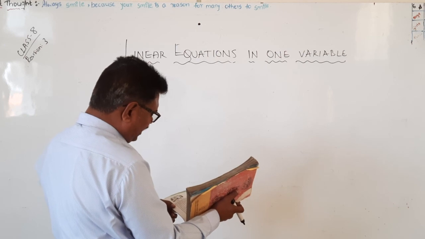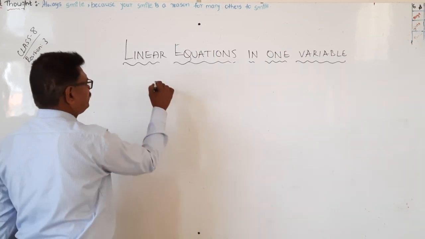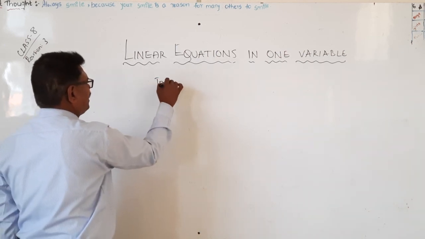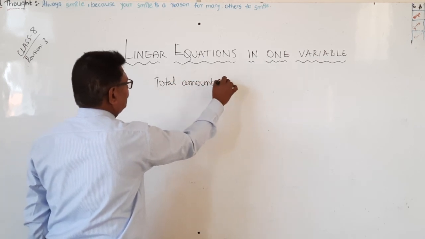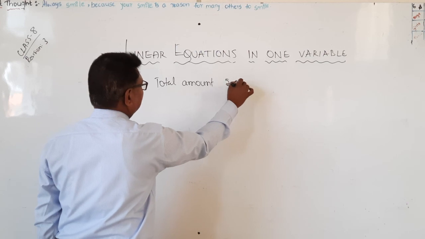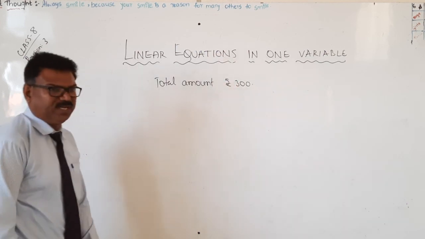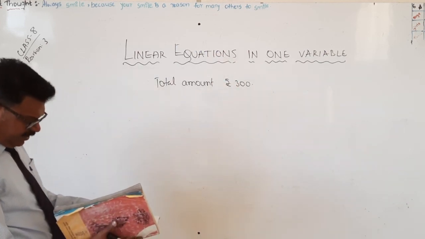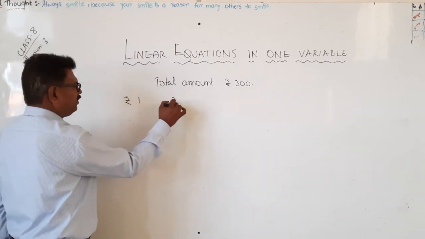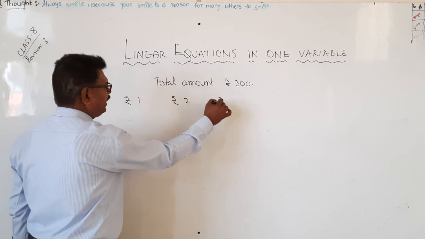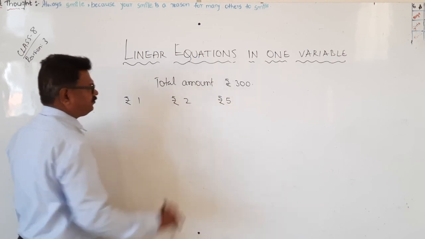I have a total of rupees 300. First you write total amount. Total amount is rupees 300. Same here, rupees 1, rupees 2 and rupees 5 coins.